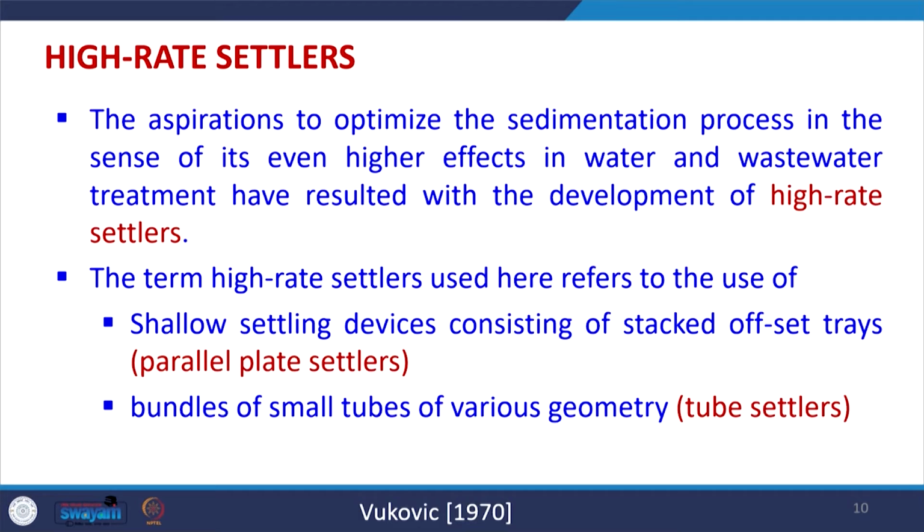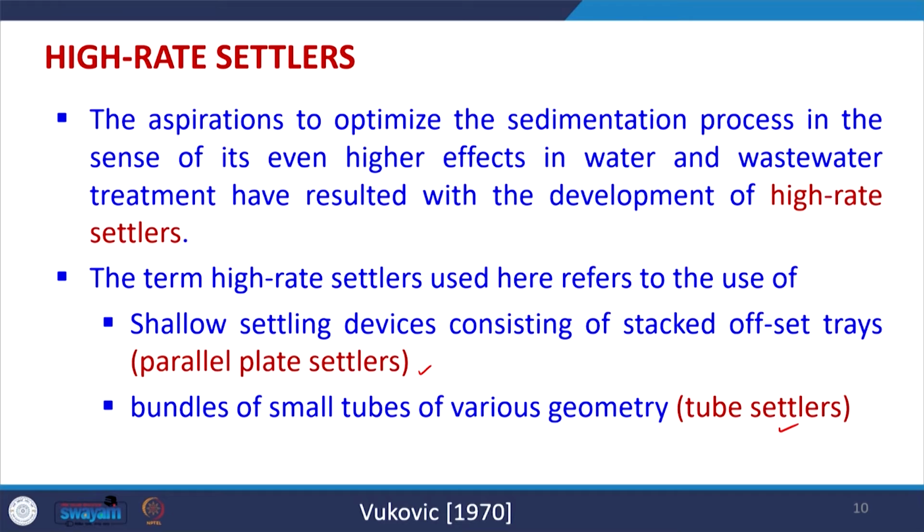Now, the term high rate settlers actually means that a very high amount of water can be processed within a specified time. There are basically two types of settlers which are coming as high rate settlers: parallel plate settlers and tube settlers. In the parallel plate settlers, shallow settling devices, they consist of stacked offset trays.